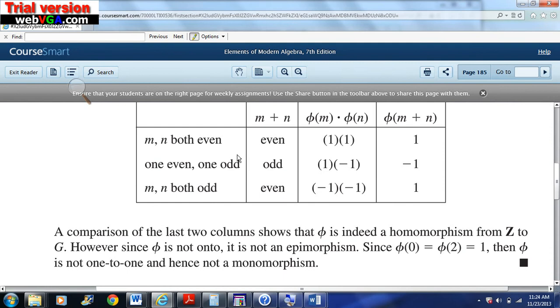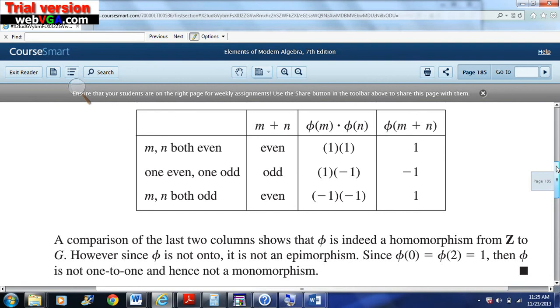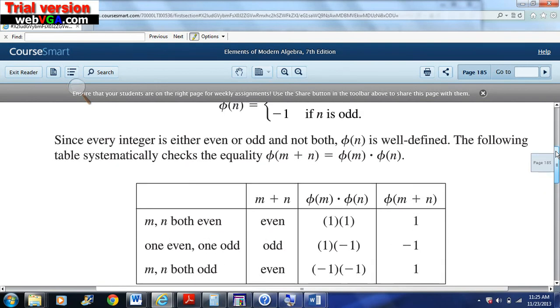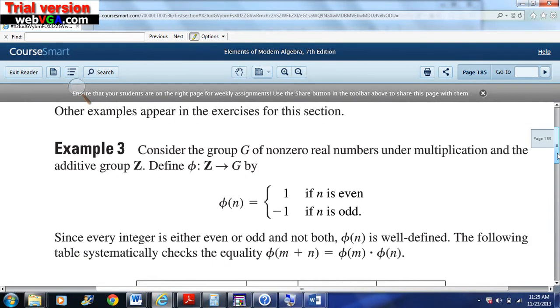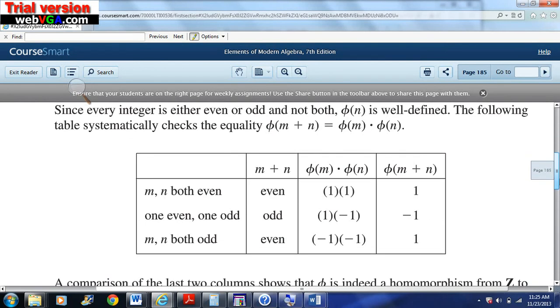If m and n are both odd, if you add two odd numbers, you get an even number. In which case, when you look at the choices that we have, we see that we get negative 1 times negative 1.